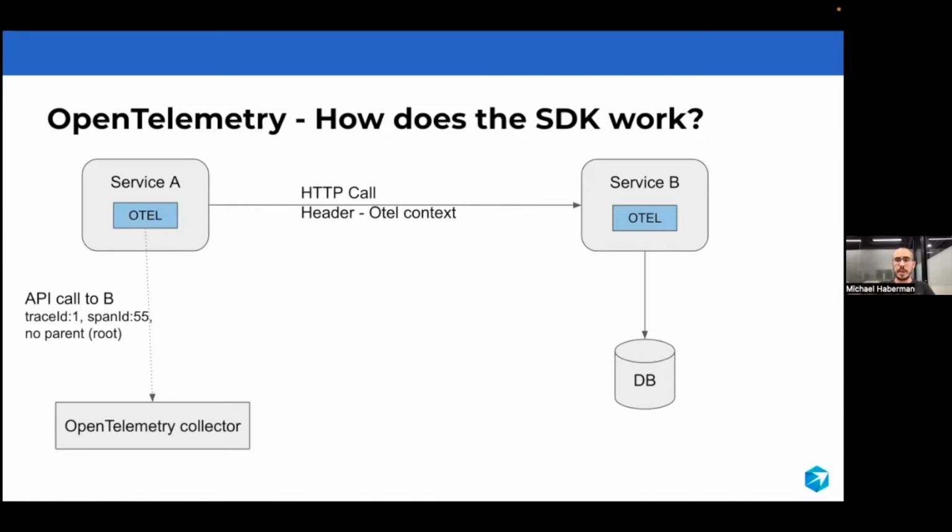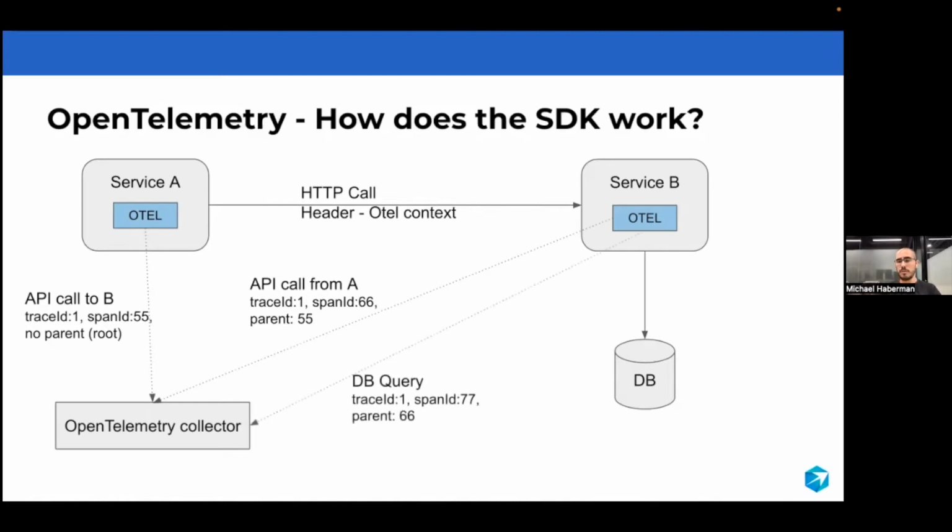So when service B gets the call and produces the span, it's going to look like that. It's going to say, hey, I got an API call. This is trace ID number 1, because we're still on the same trace ID. A new span ID, that will be 66, and I am not the root, I have a parent, I got it from the context, and the parent is 55.